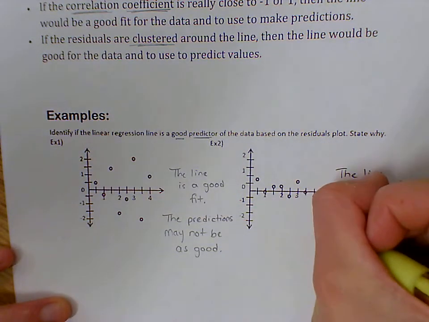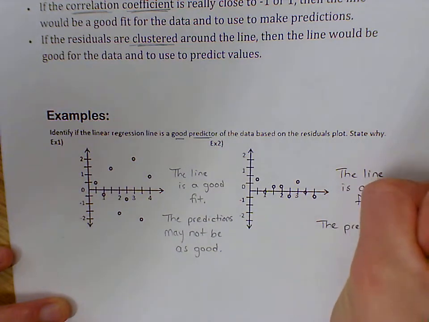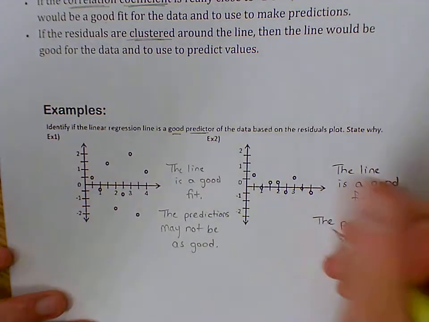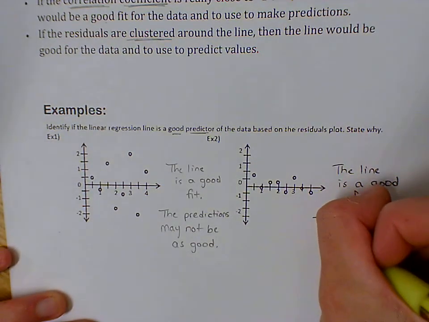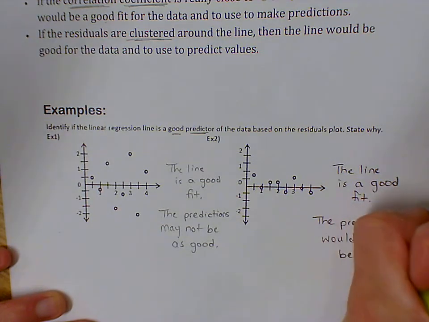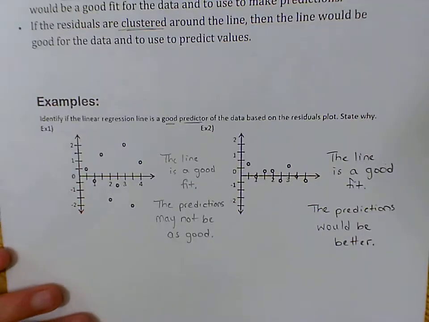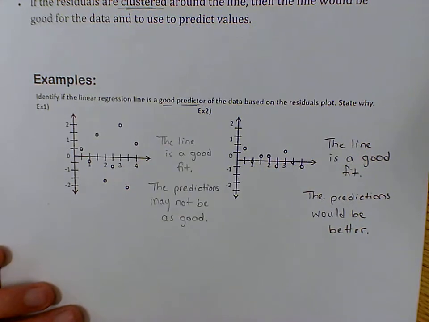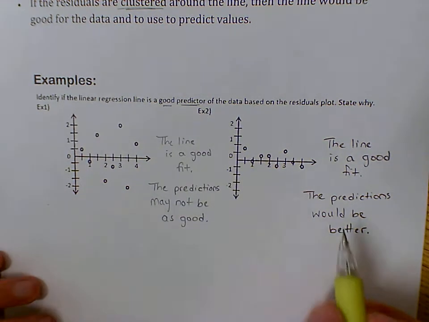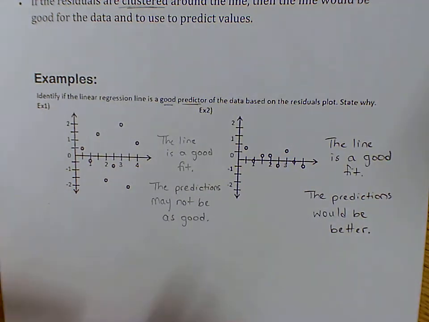The predictions from this line would be closer to what would actually happen. So that's how you look at a residual plot to tell if it would be a good fit for your line, and also to tell if it would make good predictions using that line of best fit.